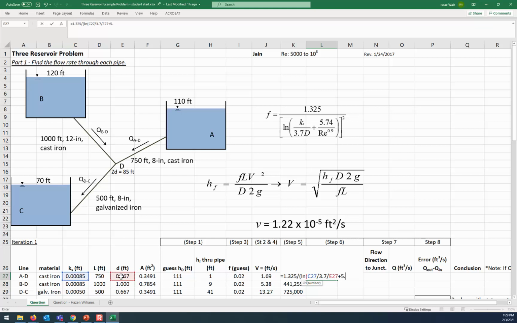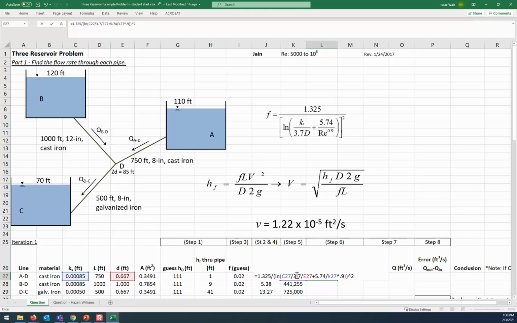Plus 5.74 divided by the Reynolds number. Now I can't click on the Reynolds number because my equation's in the way, so I'll just type K27, and that references where the value is for the Reynolds number. The Reynolds number needs to be to the power of 0.9, and then all of that is squared.